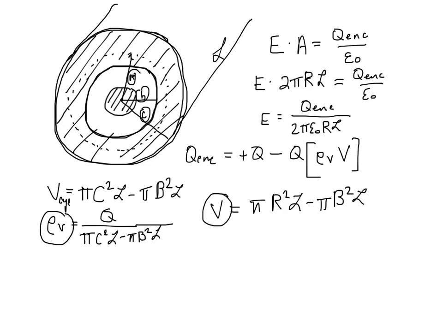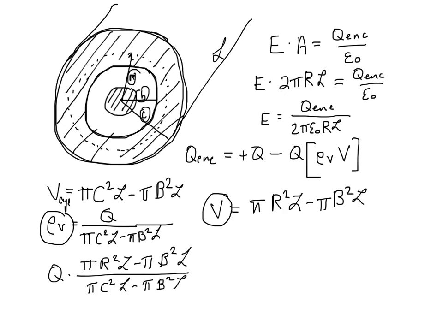When we do that, we're going to find out how much of the negative charge is included in the enclosed charge. So when we multiply those together, we end up with Q times pi r squared L minus pi b squared L divided by pi c squared L minus pi b squared L. And lots of things are going to cancel. The pi's are all going to cancel. The L's are all going to cancel.